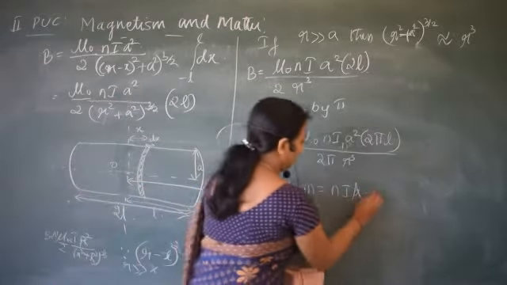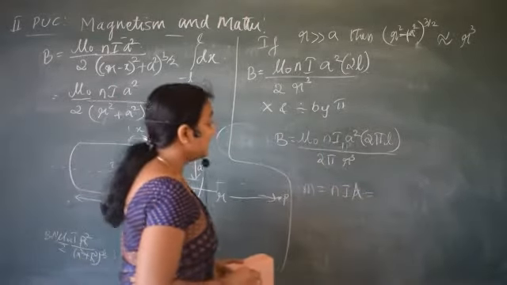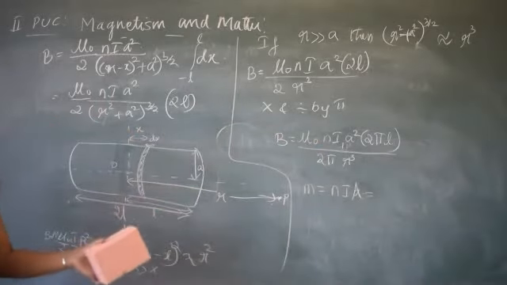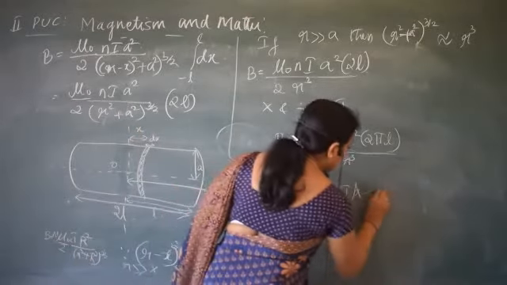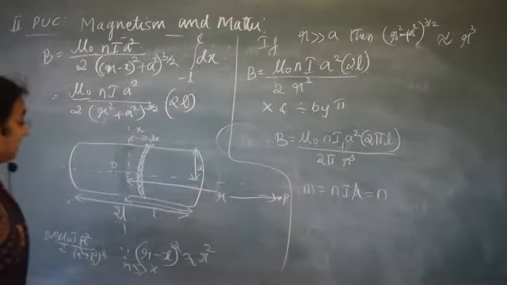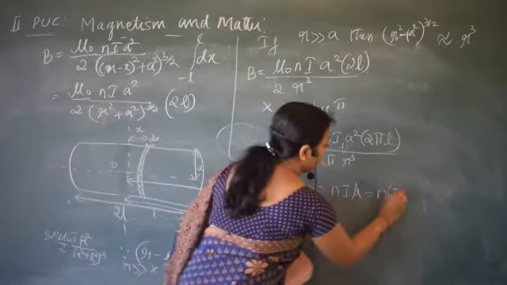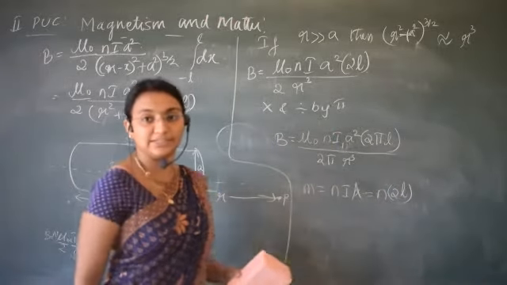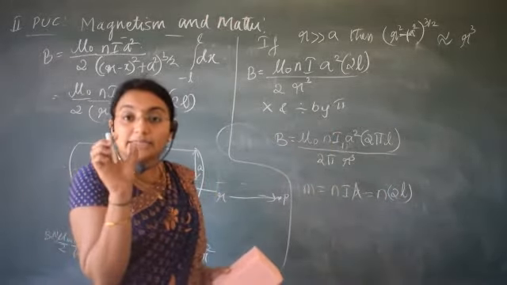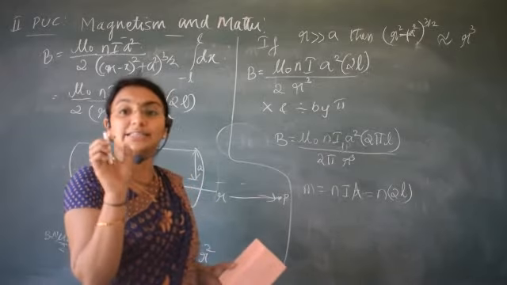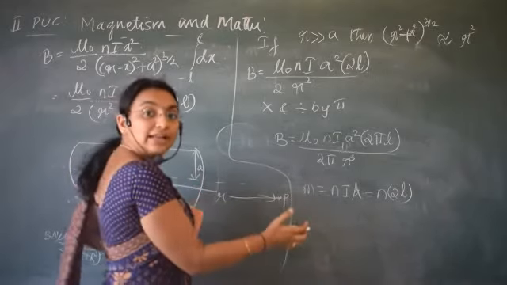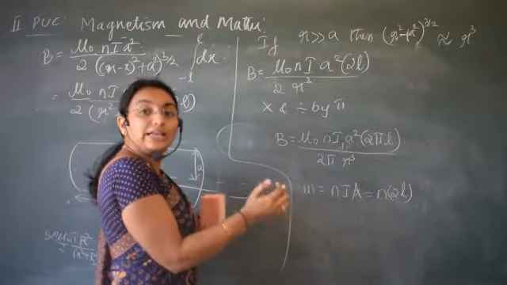So therefore I can write n number of turns, that is nothing but n. Correct? For how much length? 2L. So n into 2L is nothing but the number of turns. For that element dx, the total number of turns is dx into n. For 2L length, the number of turns is 2L into n.